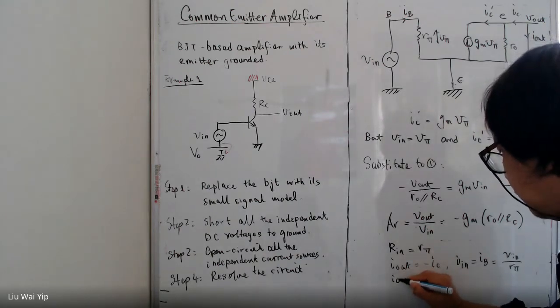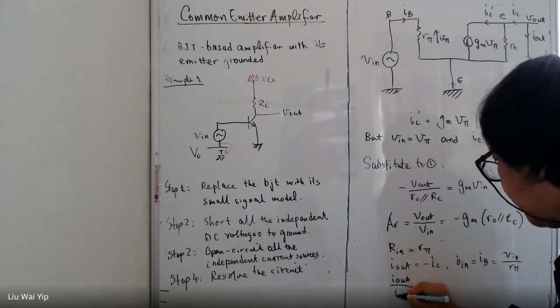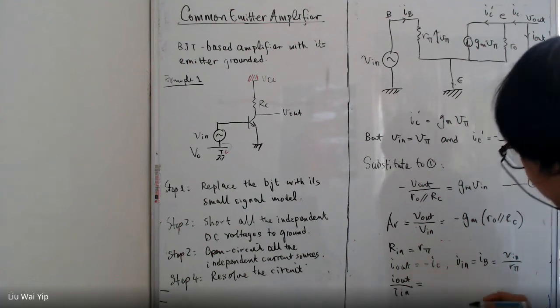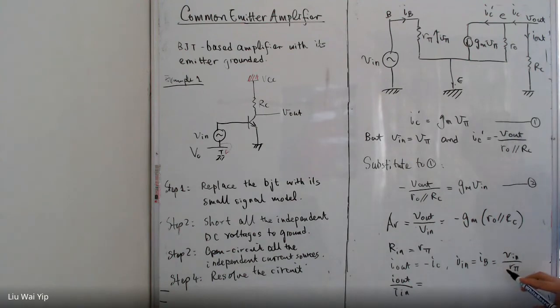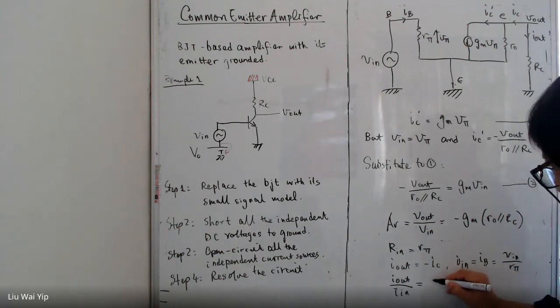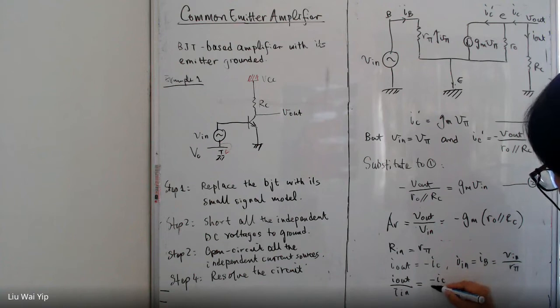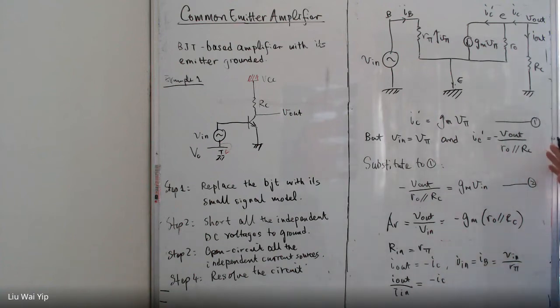I out divided by I in, which is the current gain, is equal to IC and V in. By the way, what is IC?